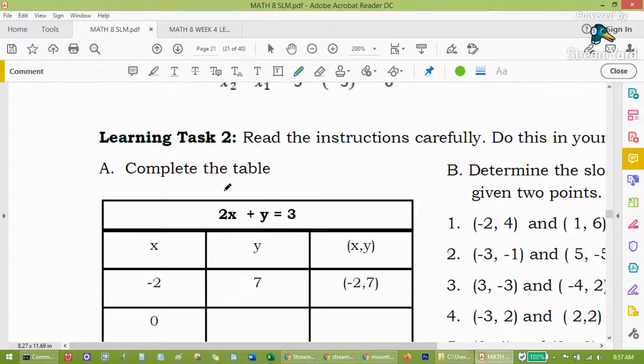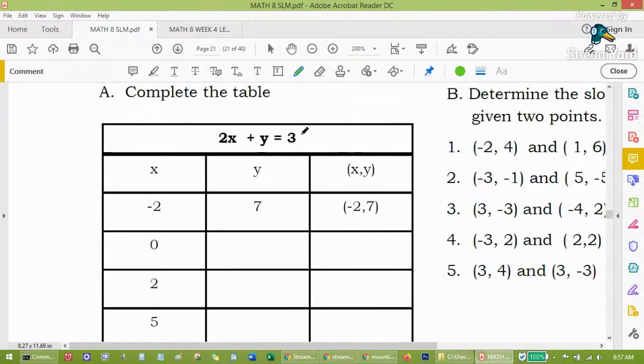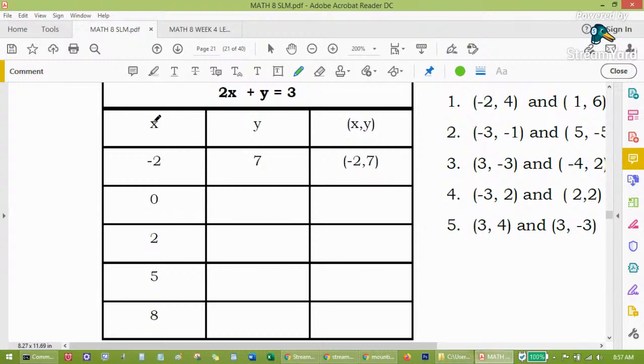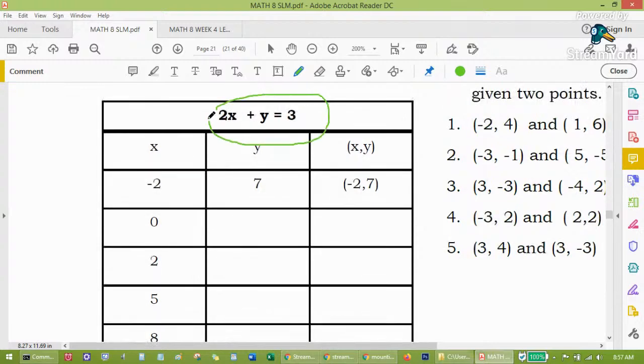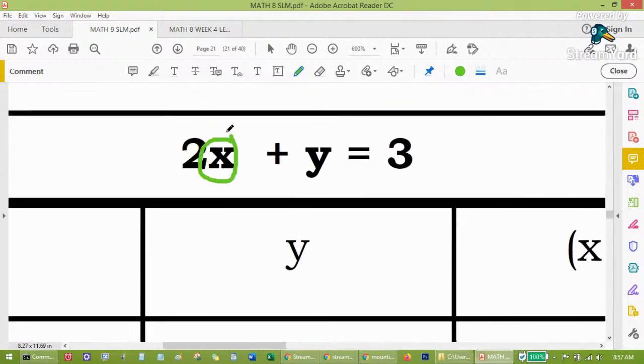So, dito sa learning task 2, meron tayong letter A. Pinapa-complete sa atin tong table. Kumpletuhin daw natin tong table na to. So, ayan ang mga given. Ito yung linear equation in two variables. Dalawang variable, x and y.